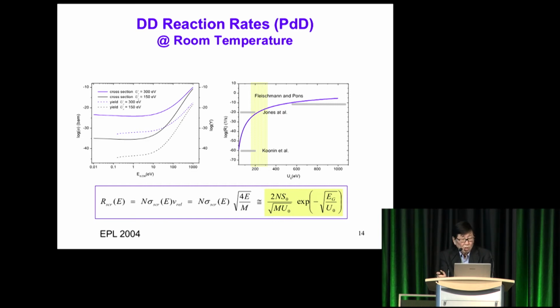Changing screening potential between 100 and 500 electron volts results in changing of the reaction rate at room temperature by 50 orders of magnitude, as you can see. To reach the reaction rate of Fleischmann-Pons, for example, an additional 7 orders of magnitude are needed.